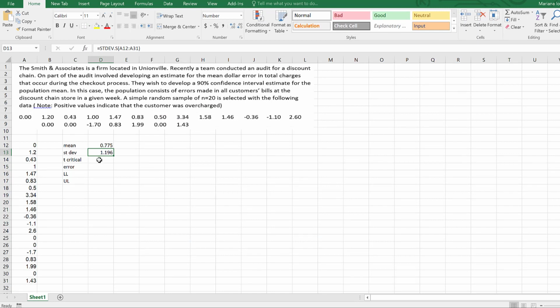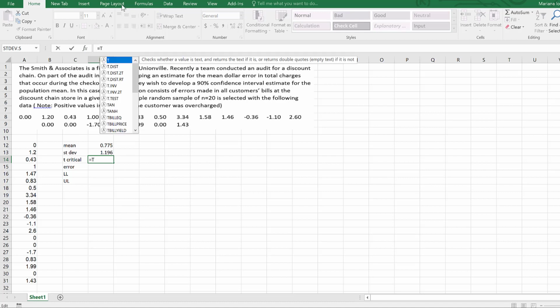If I'd like to calculate the t-critical value, we have also the possibility. I'm going and I'll check T.INV.2T. They will ask me for probability.